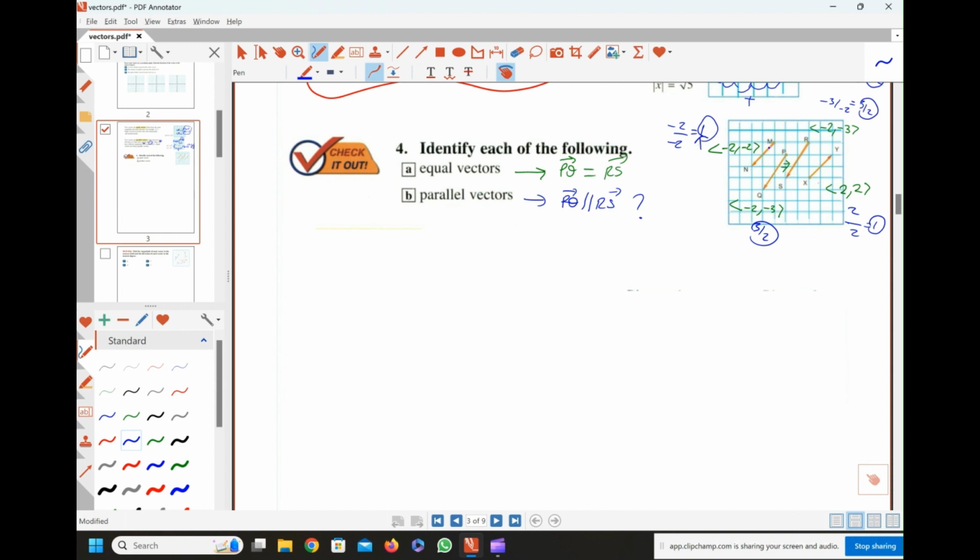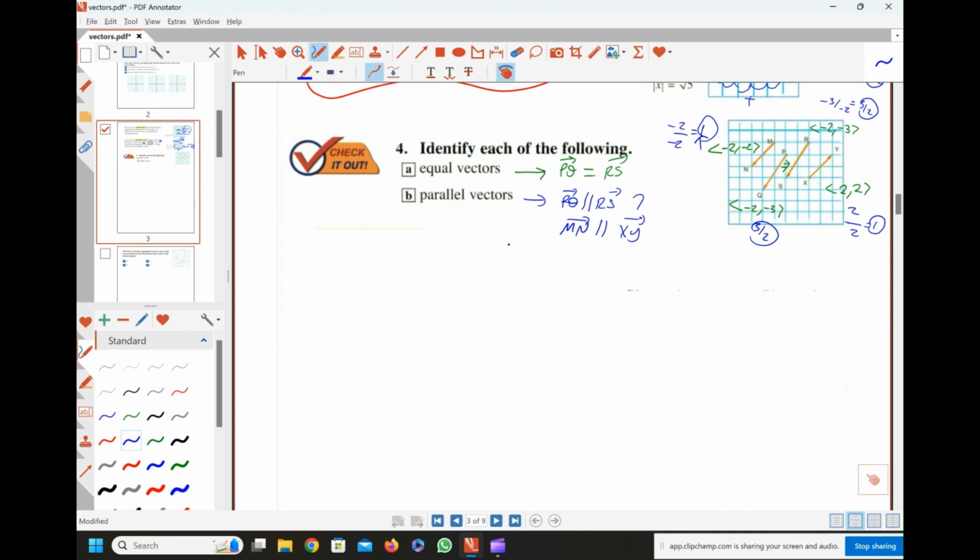So let's write them down. Vector MN is parallel to vector XY. As you can see, MN is pointing in this direction, XY is pointing in that direction. They have opposite directions, but it doesn't matter if they're opposite or the same directions. They can be parallel to each other.